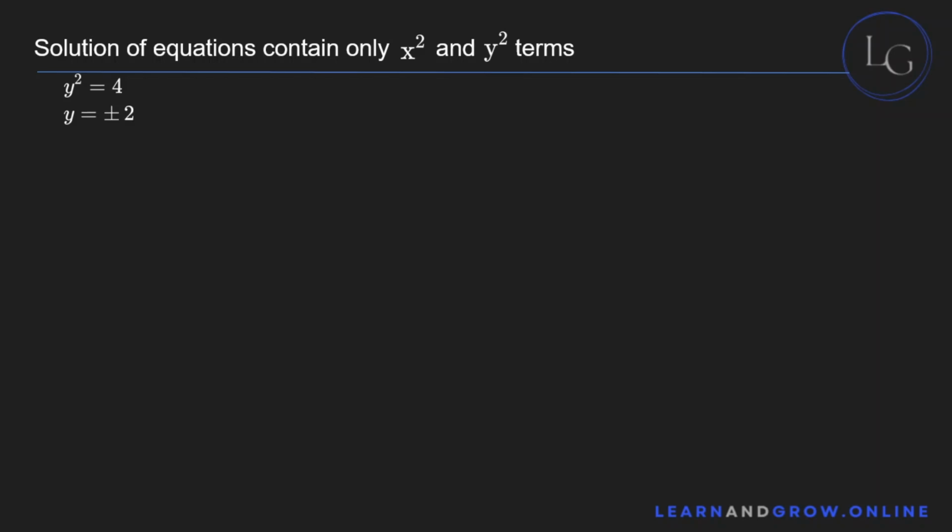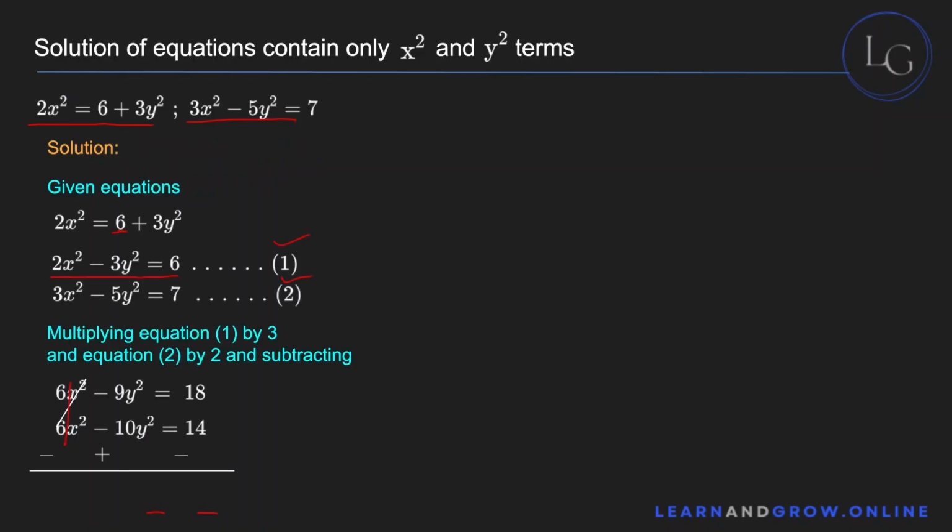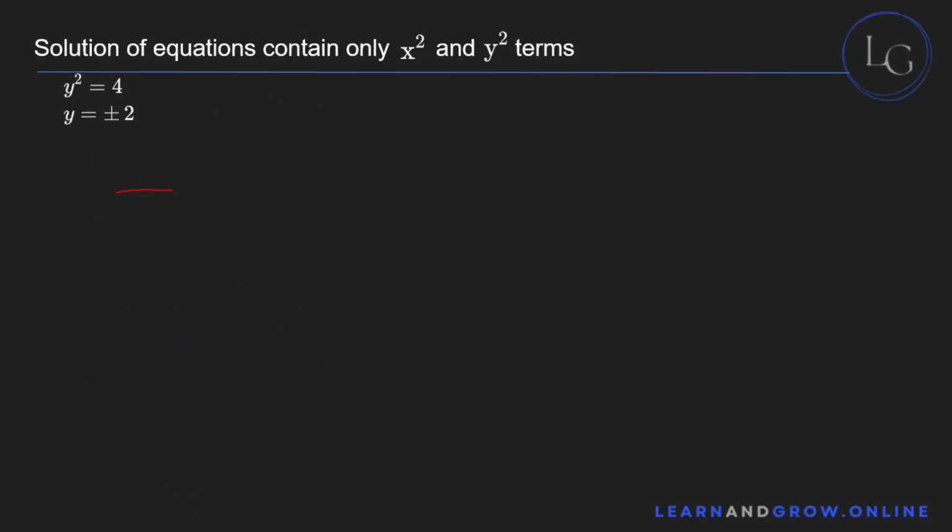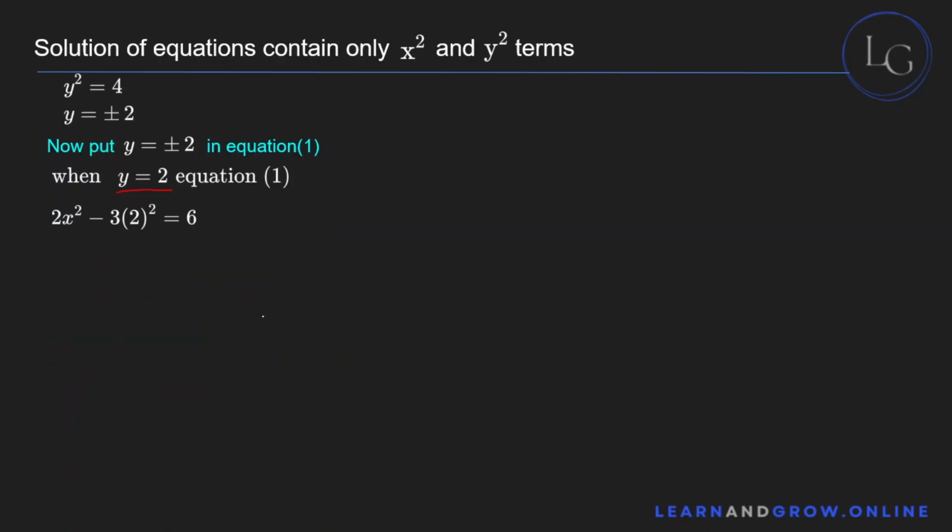Now, you have two values for y over here. So, first of all, you put y is equal to positive 2 in equation 1. Just to refresh what equation 1 is, this is equation 1. You put the value of y is equal to positive 2 over here. So, when you do that, you get this, and now basically upon further calculations, you'll get two values for x, positive 3 and negative 3.